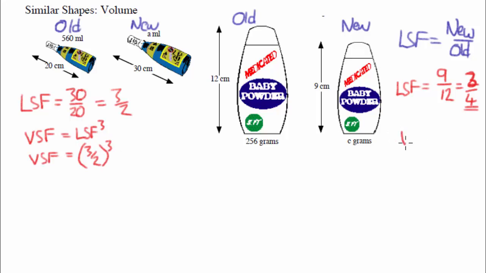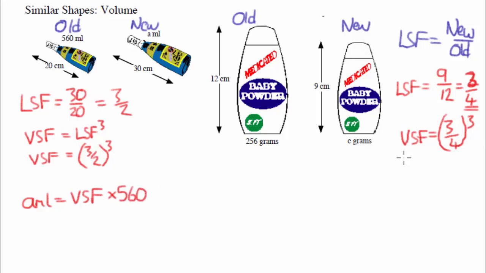And the volume scale factor for this one equals 3 over 4 cubed. Now to actually work out what the milliliters is, we're going to just say the milliliters equals your volume scale factor times the shape that we do know the value for, so that's 560 milliliters.